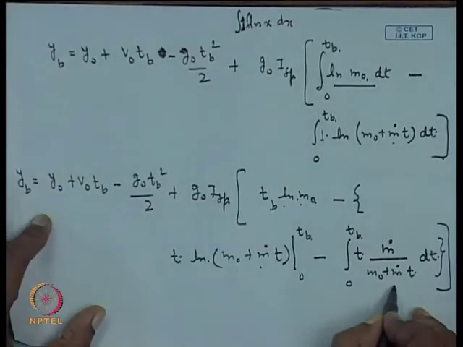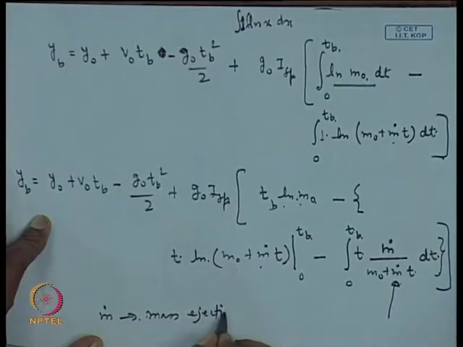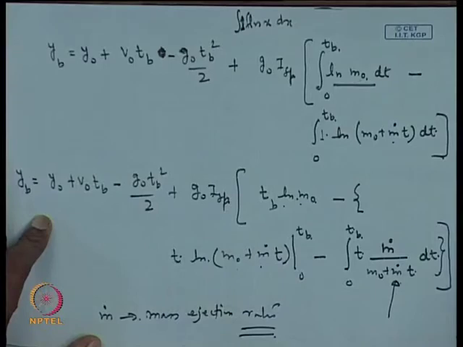Now, you should remember that m dot is the mass ejection rate, and this basically acts as a constant. For a rocket this is also a constant.